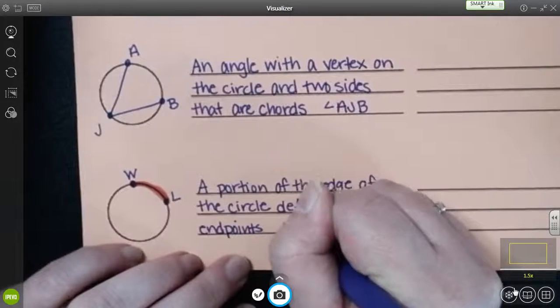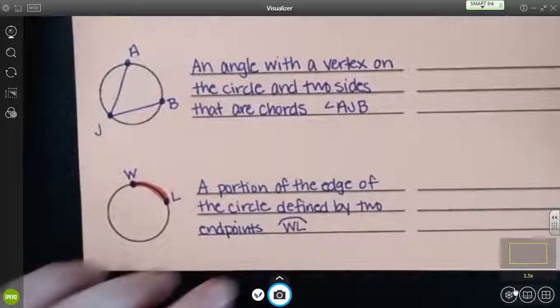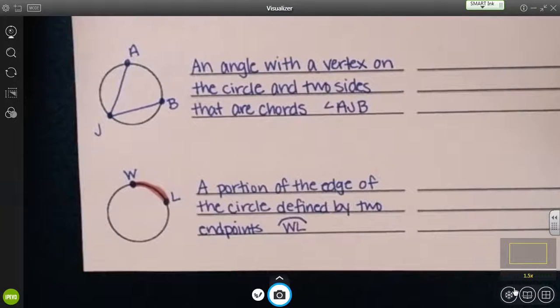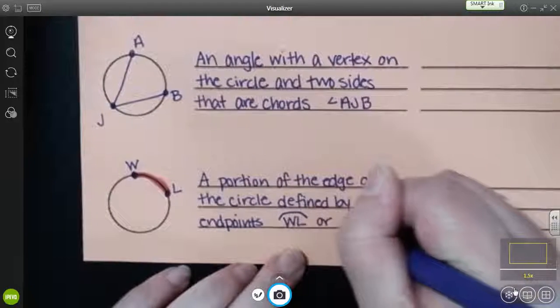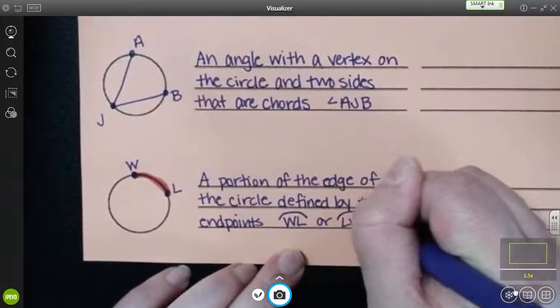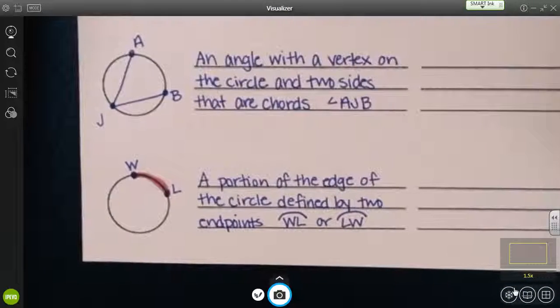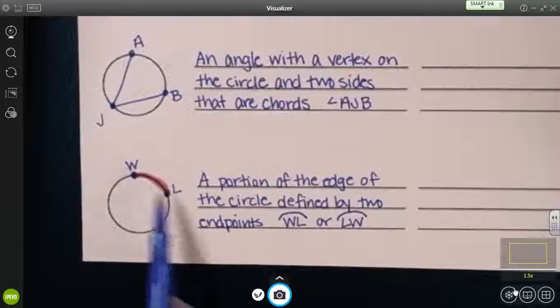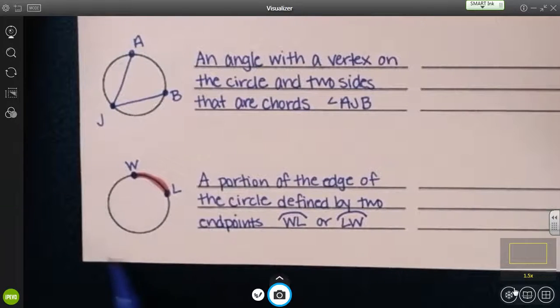So this is arc WL, and our symbol is to actually take our letters and put an arc over it. We can also call this arc LW. Doesn't matter the order in which you define it. Okay, so you can say arc WL or arc LW. Okay, so that's just a basic definition for an arc.